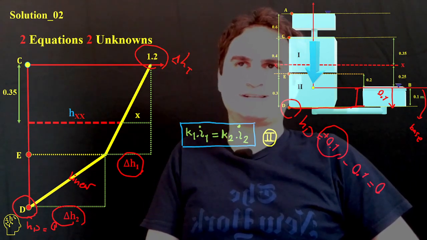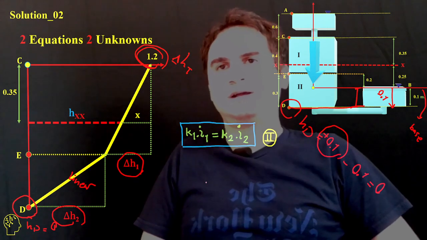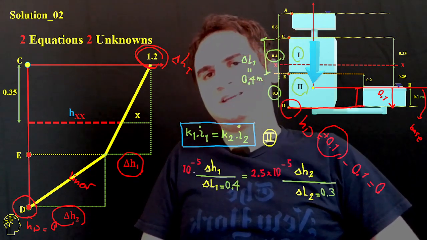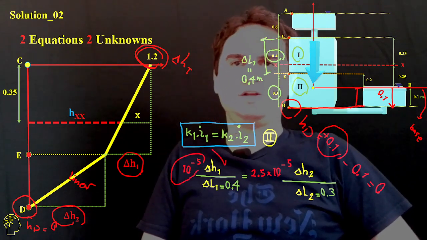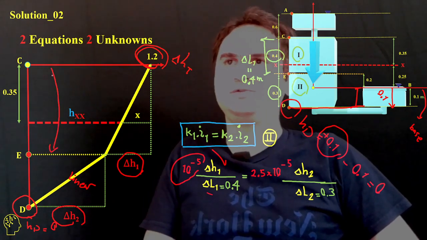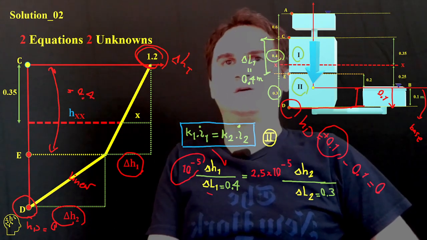So as you can see, the maximum head is 1.2 and the minimum is 0. We replace K1, which is provided as 10 to the negative 5, with delta H1 over delta L1. The length of the first soil is 0.4 meters, as you can see here.